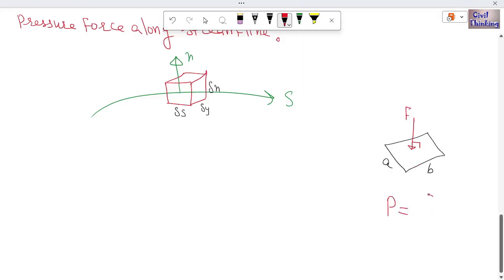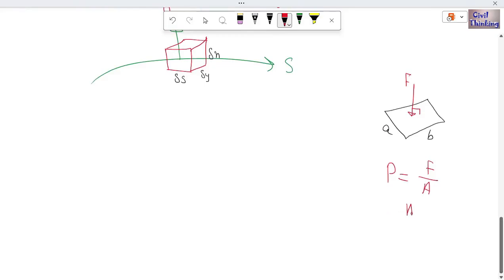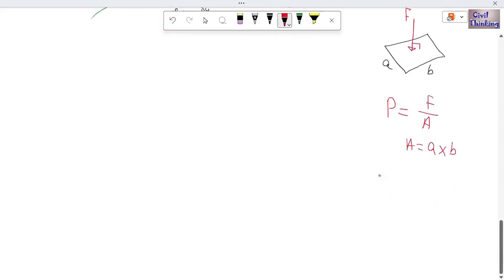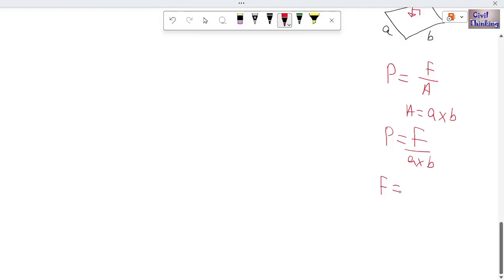Pressure is force divided by the area of this face. The area of this face is A times B, so pressure is force divided by A times B. Or we can write F to be P times A times B, or force is P times area.